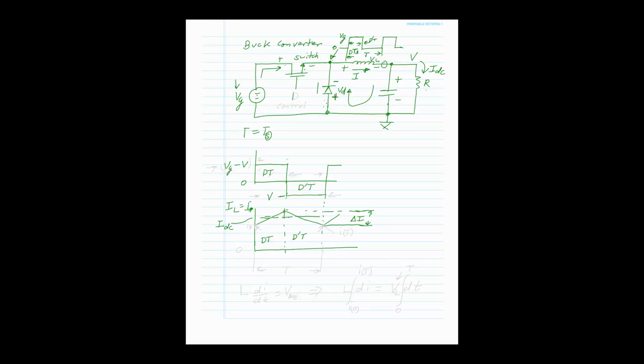The control is D. That's how we control the amount of output voltage, the duty cycle, just like we had before, that the output voltage is going to be derived as D times the input voltage V sub G. But we're going to prove that here. So again, this time can either be T or T sub s, but we'll just say T to be consistent here.